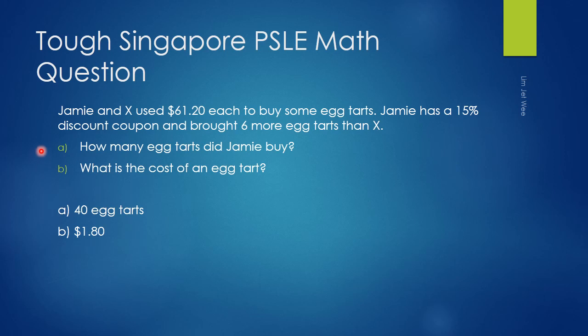But we did not solve part A first before we solved part B. So when you are facing a maths question that has multiple portions like A, B, and C, it doesn't really make sense to tackle it part by part. That is a common mistake that students sometimes make, trying to solve part A, then using the answer to solve part B. In this particular classic example, it doesn't have to be so.